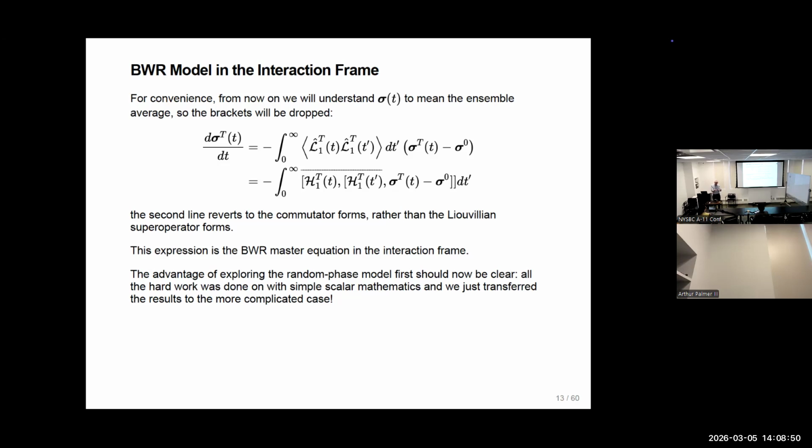So it doesn't mean multiply, it means operate on everything on the right-hand side. We have the commutator of a commutator of the density operator. And then I put the bar on top; instead of having the angle brackets, it's traditional to put the bar on top at this point in the literature.